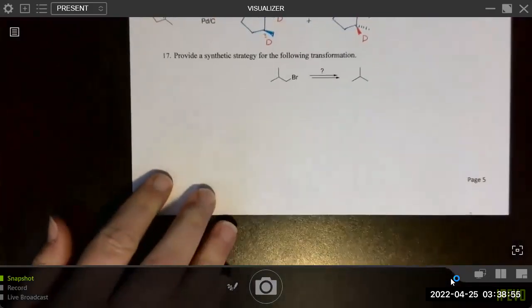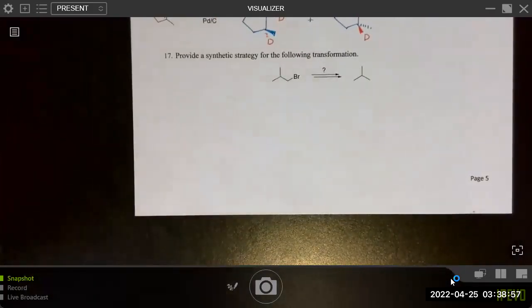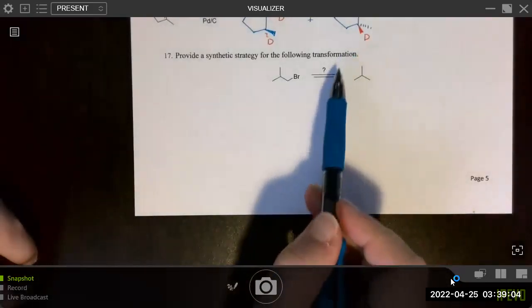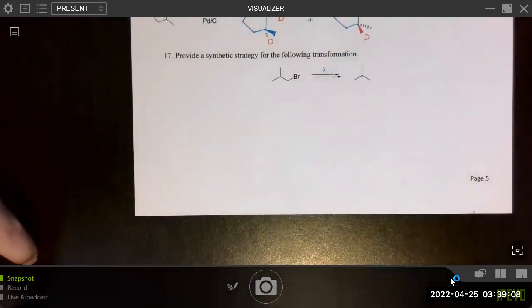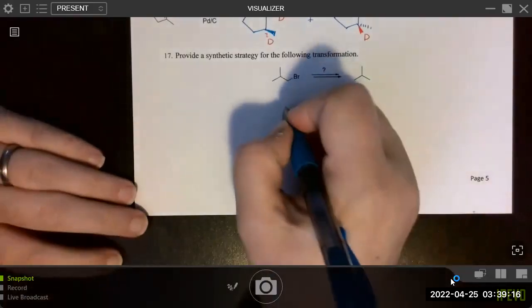Okay, provide a synthetic strategy for the following transformation. So we want to get an alkane, and we just learned a reaction to provide us with an alkane. It is a hydrogenation reaction, which is the reduction of an alkene to an alkane.